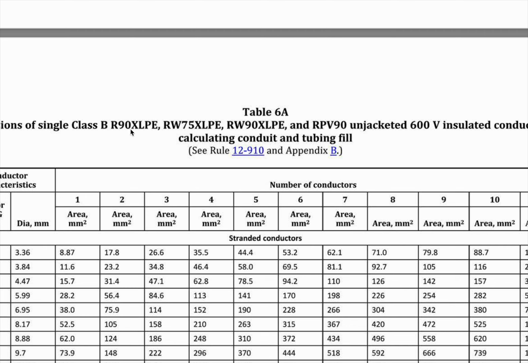For example, if in the exam you see RW90 XLPE, choose this table 6A, if it is 600 volts and unjacketed. Most of the time in the exam they are unjacketed, but sometimes jacketed. So you need to check if it is unjacketed or jacketed, sometimes it is related to the voltage, and also the type of the cable.